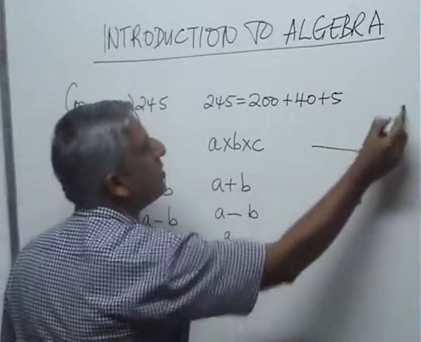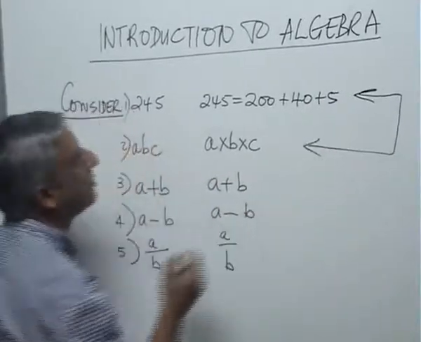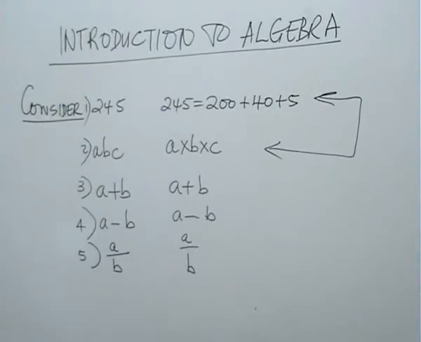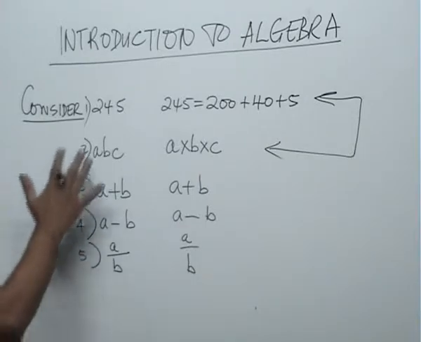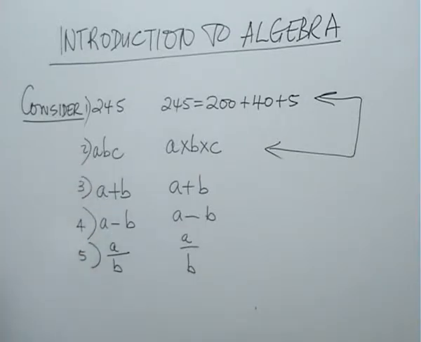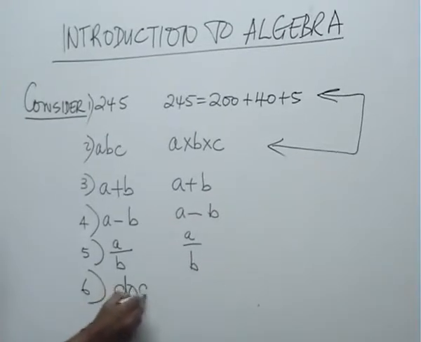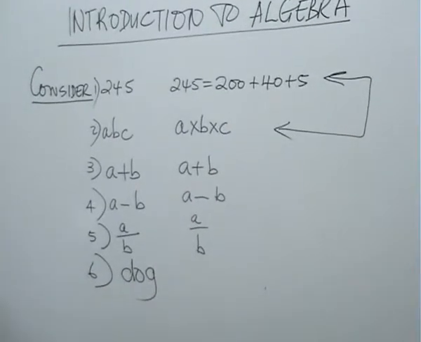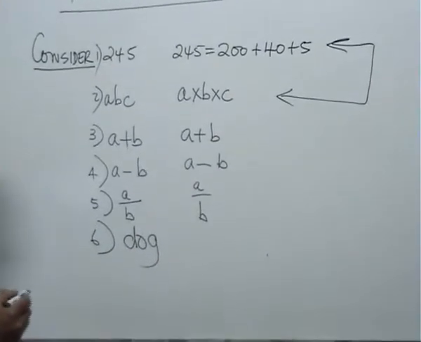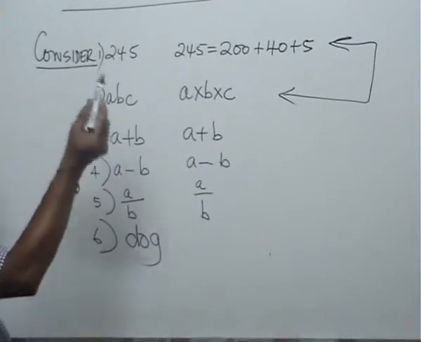So can you see the difference between these two? 245 is 200 plus 40 plus 5, whereas ABC is equal to A times B times C. So that's the first fundamental difference, or first very important difference that you have to know about. So for fun, if I told you what is DOG, then you cannot tell me dog, because we are doing algebra.